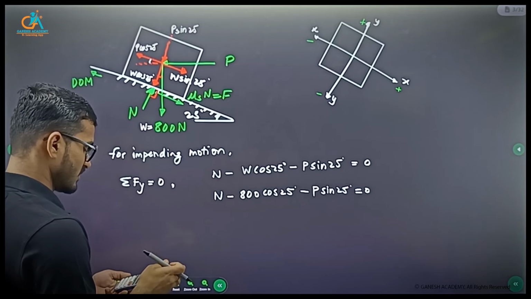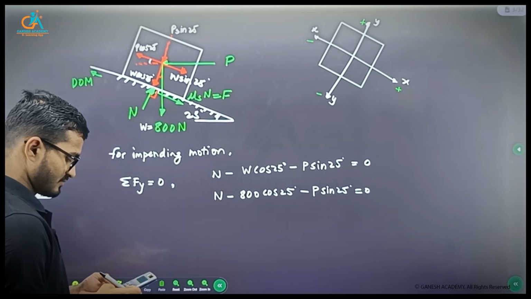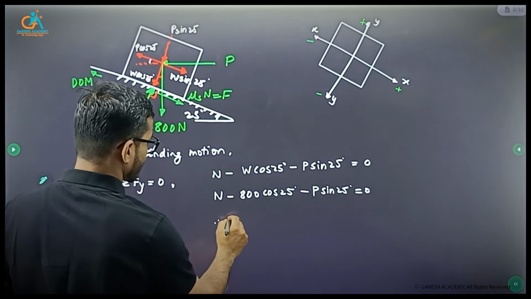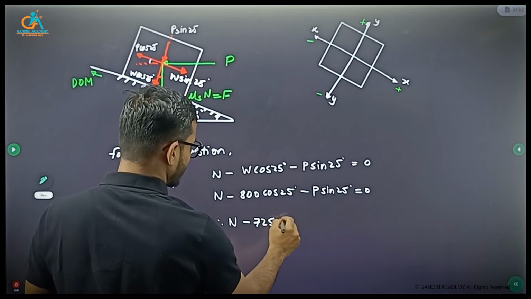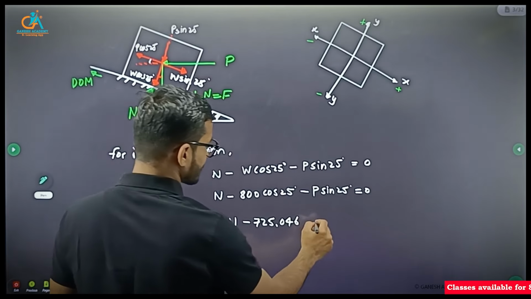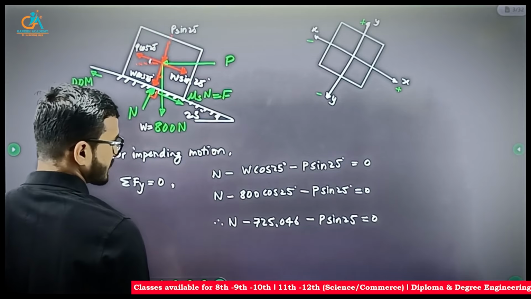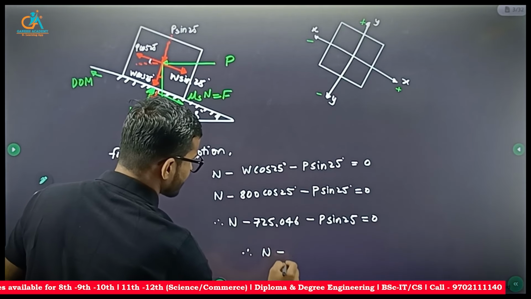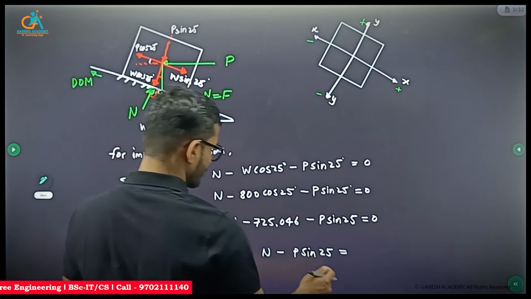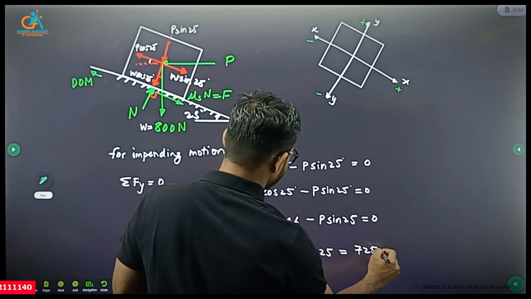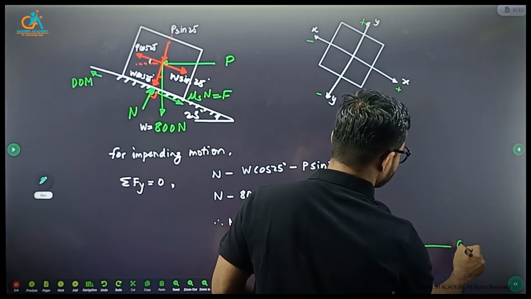Here 800 cos 25 is 725.046 minus P sin 25. So I can rewrite this equation as N minus P sin 25 is equal to positive 725.046, equation 1.